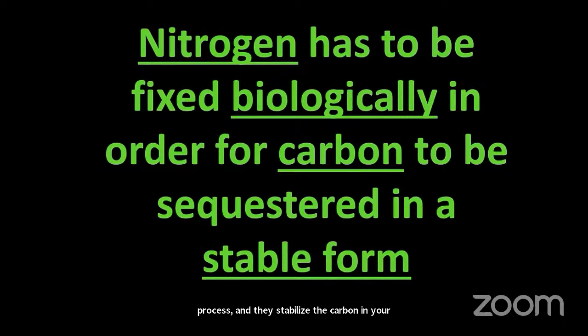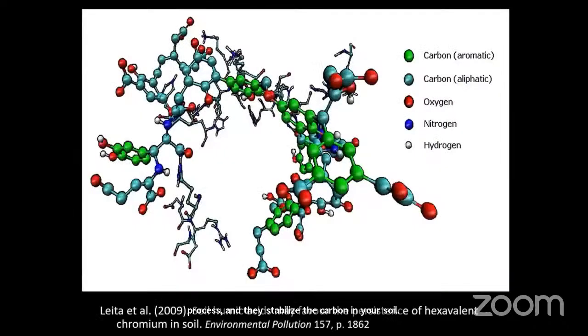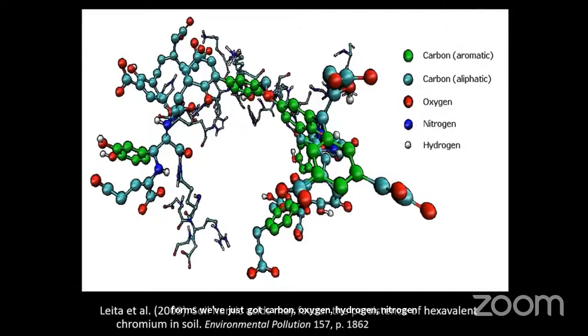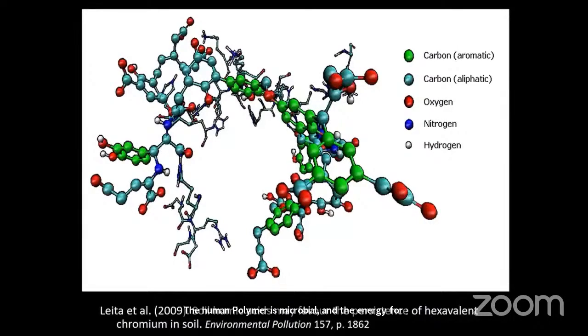So if we look at the humic molecule, it looks something like that. You can just see that, in its simplest form, we've just got carbon, oxygen, hydrogen, nitrogen all joined together by microbes. Microbes have created those polymers. The humic polymer is microbial, and the energy for joining those atoms together comes from the plant, from photosynthesis.